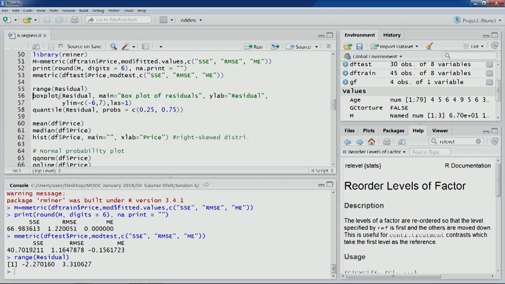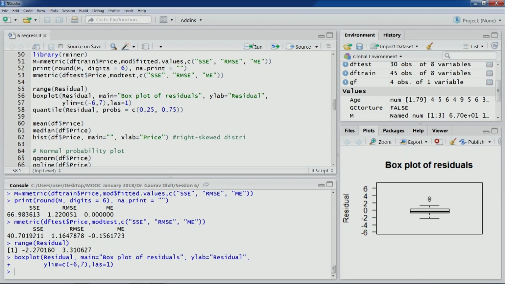The first argument is on residuals, which we have already computed, as we saw in the previous lecture. The titles and the labeling for the y-axis are also given appropriately. The limit that we already have is the range within which the plot is going to fall. So let's execute this line and get the plot.